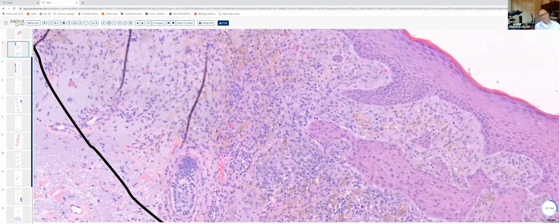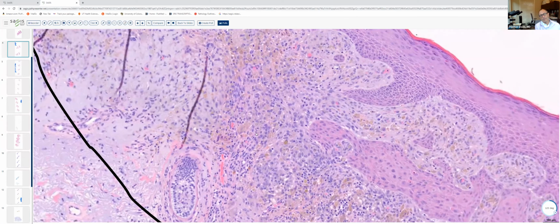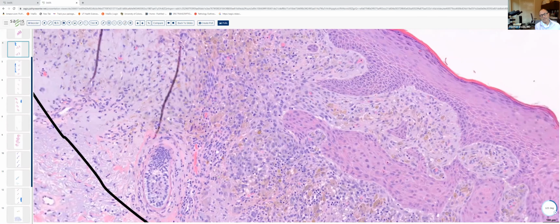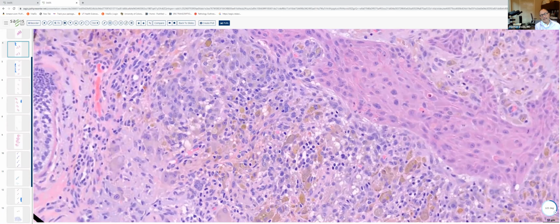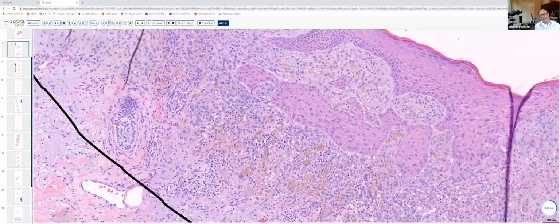Monsel's tends to produce this yellow-brown pigment within macrophages. It is an iron-containing substance, ferric subsulfate, and a Perls, rather a Prussian blue or iron stain here, ferric iron stain, Perls would stain this material bright blue. And so this is a Monsel's reaction.